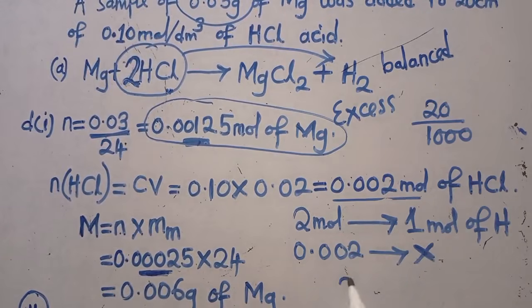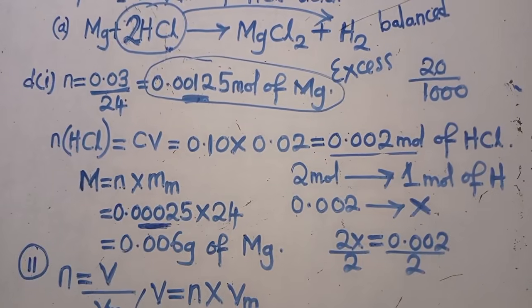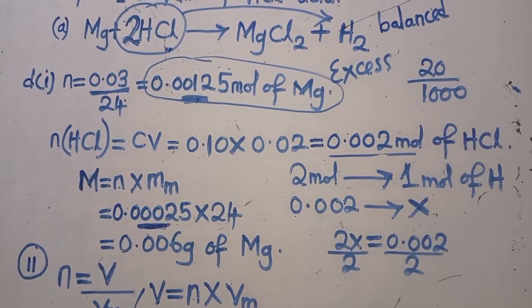X times 2, that is 2x, which is equal to 0.002 times 1. This one will still maintain 0.002. I divide both sides by 2. If I divide both sides by 2, this and that are cancelled. So x will now be equal to what?